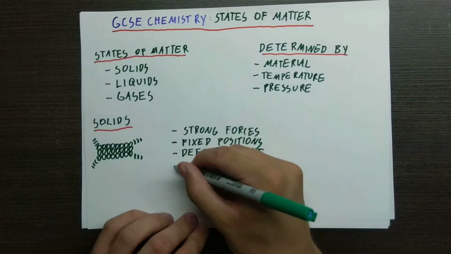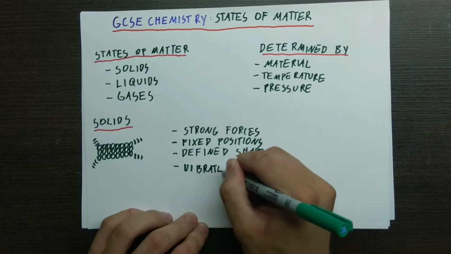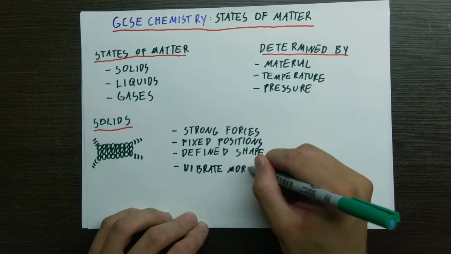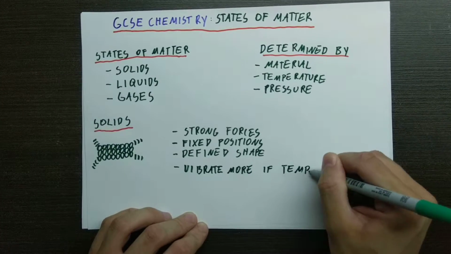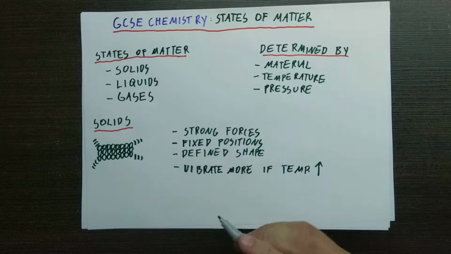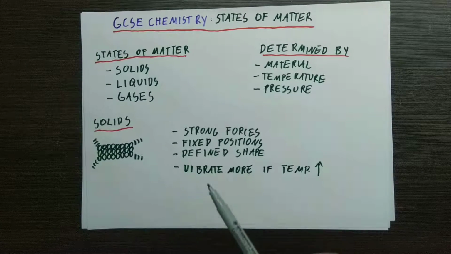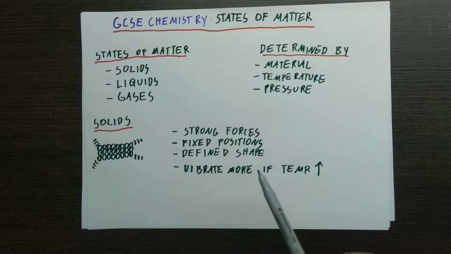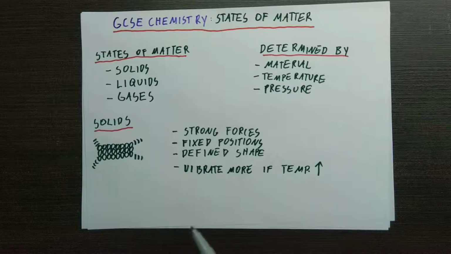And that's important. So vibrate more if temperature increases. Okay, so that's solids. They are held together by strong attraction forces, which keep the molecules in fixed position and give them the defined shape.